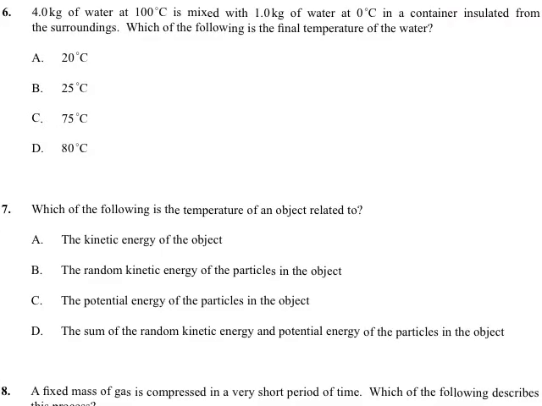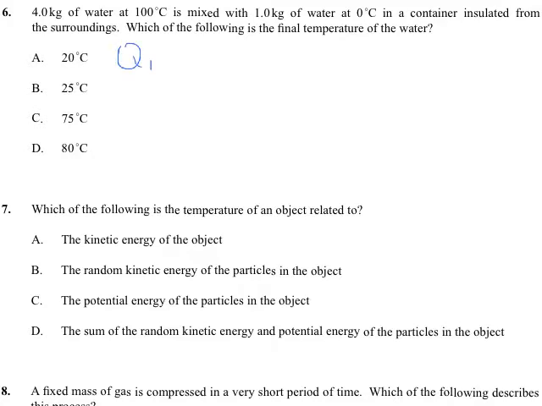Okay, so we have a specific heat capacity question, and this is mixtures. We've got 4 kilograms of water at 100 degrees mixed with 4 kilograms of water at 0 degrees in a container insulated from the surroundings. When you mix them, what is the final temperature of the water? So what you need to do is consider all the energy that's available.